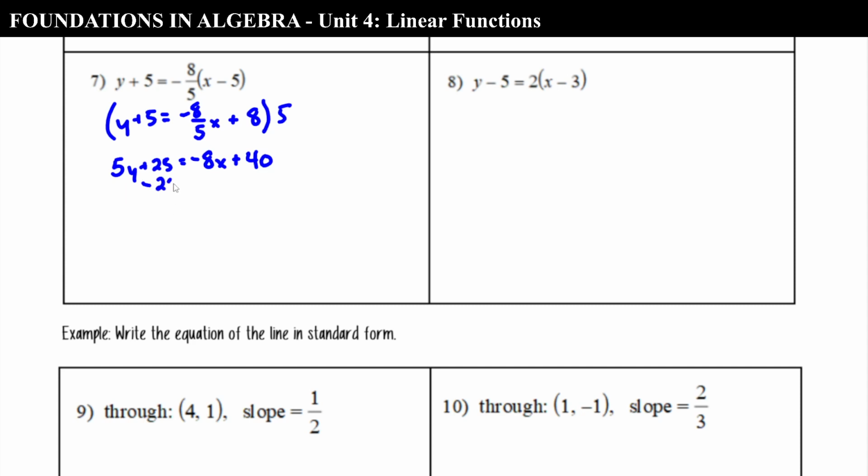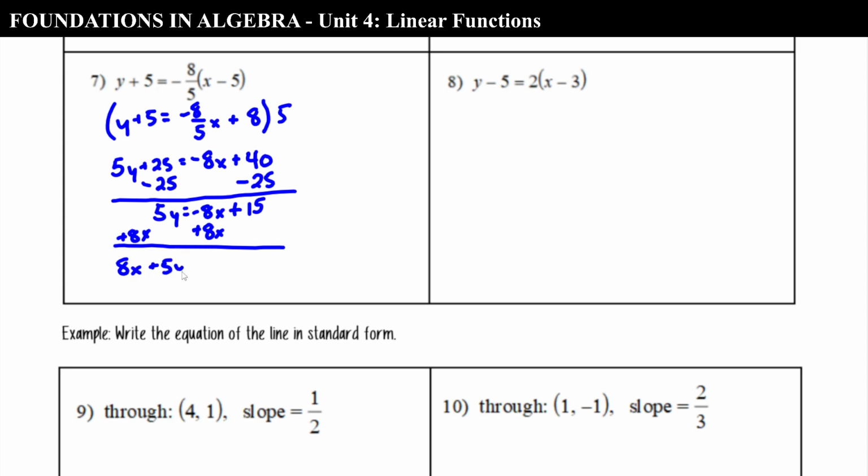Now we're going to subtract 25 from each side to get the y term by itself. 5y equals negative 8x plus 40 minus 25 is going to give us 15. And then we're going to add 8x to each side. So we have 8x plus 5y equals 15.